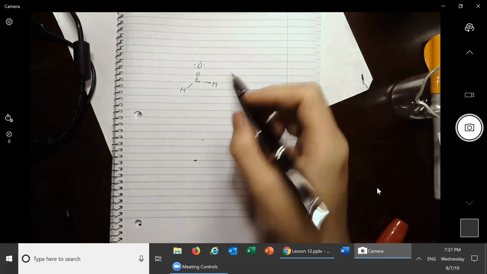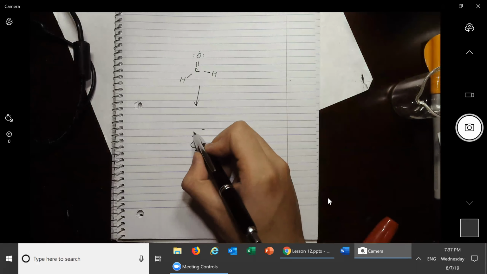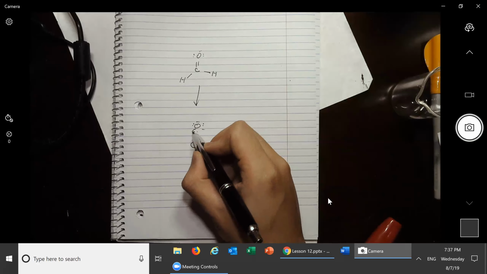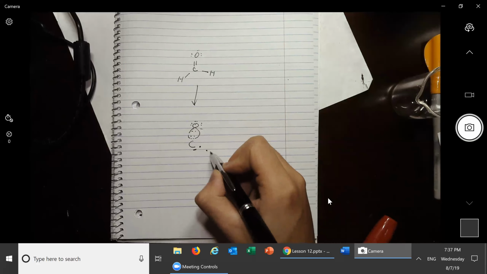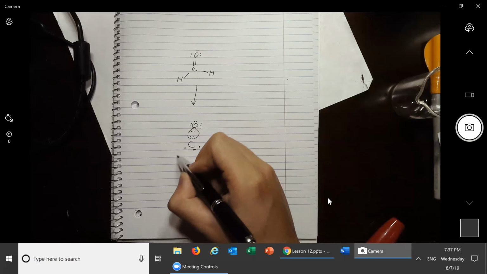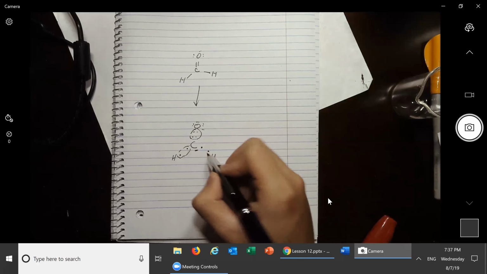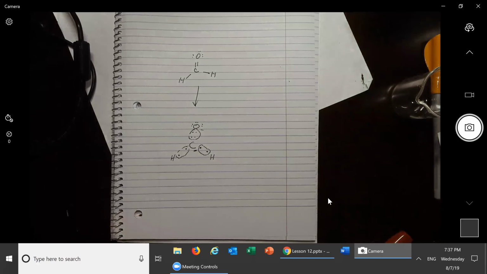And what we can do is write it as more of a dot structure. So I'll try to do that. You can see these 4 electrons will form the bond. So we have our 2 bonds here. And now what we do is we give the electrons in those bonds to the more electronegative element.